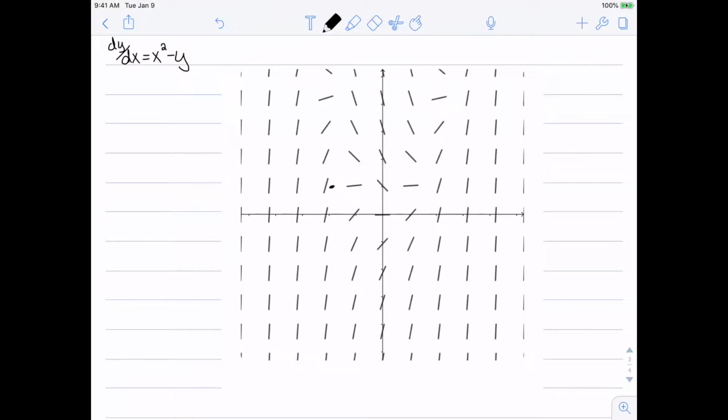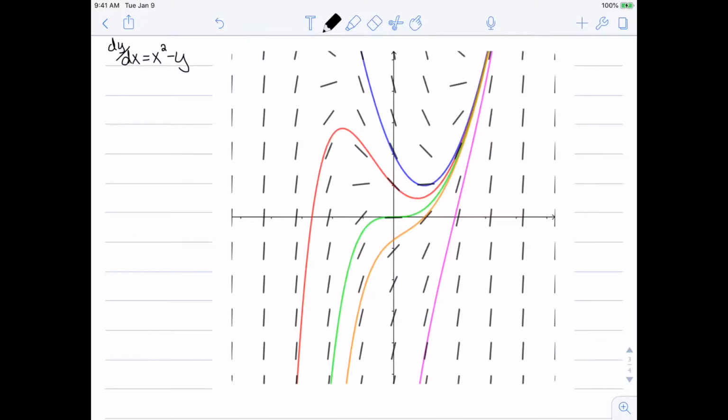I also said at -1, 1, it had to have slope 0, and so you can see at that point we have something with slope 0. And this is the idea of a direction field. And like I said, it can help us draw solutions. So here's the exact same direction field, but this time with some solution curves drawn in. And we can see that the solution curves do follow the general pattern of these lines.